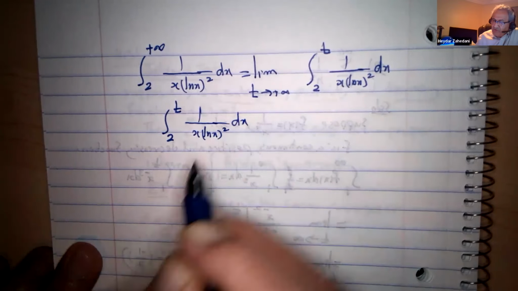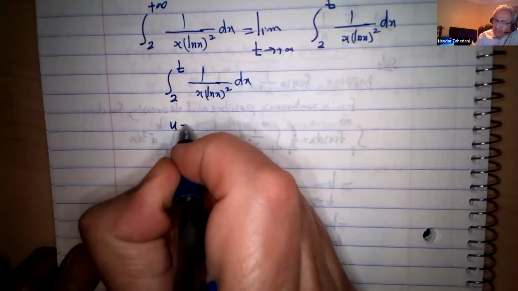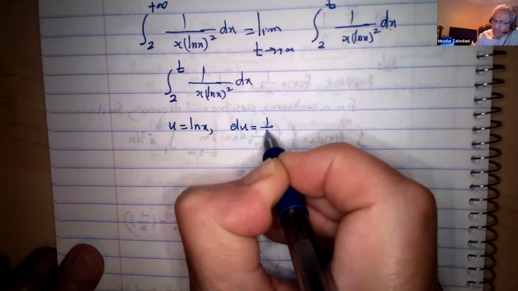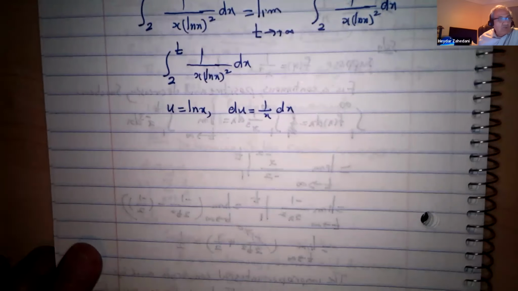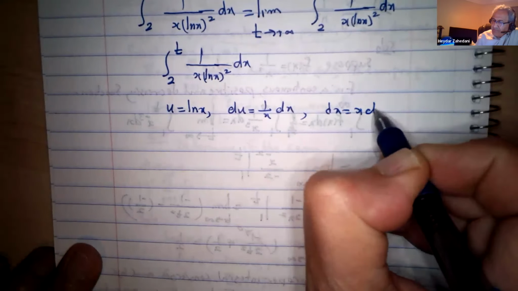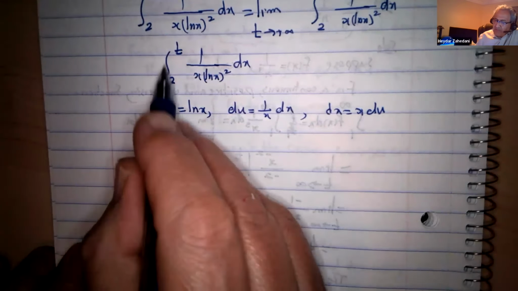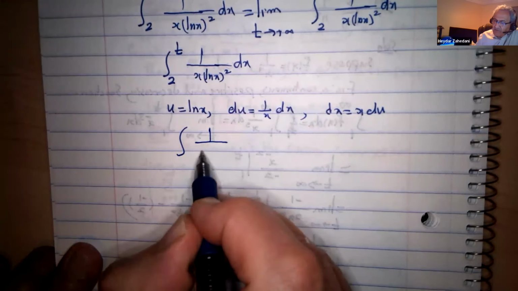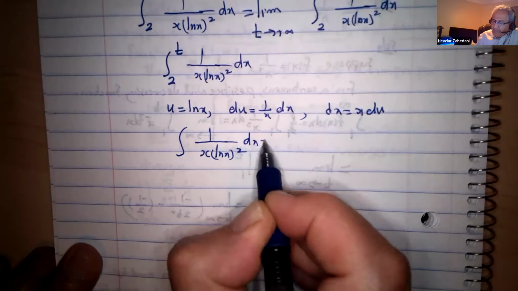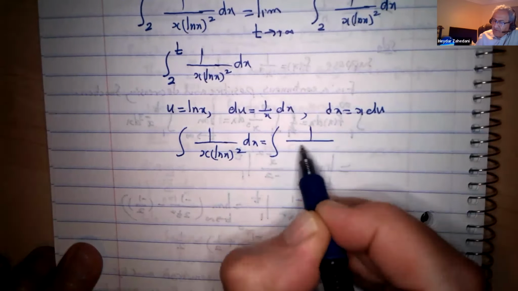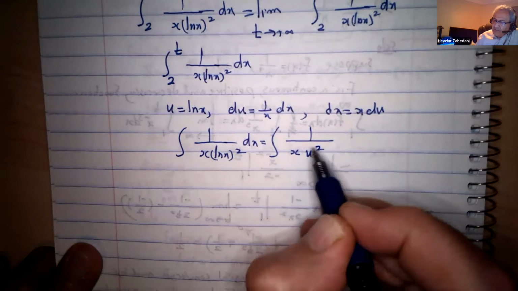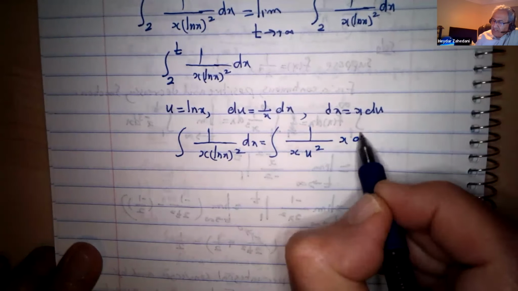If you want to use u substitution, your u would be ln x, and du is going to be 1 over x dx. So we did it before, cross multiply, dx would be x du. Go to the integral, forget about the limit for the time being. It's going to be 1 over x ln x all squared dx. So it's going to be the integral of 1 over, you keep the x, ln x is u, so that would be u squared, times dx, which is x du.